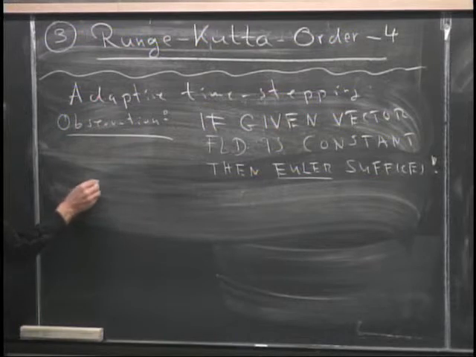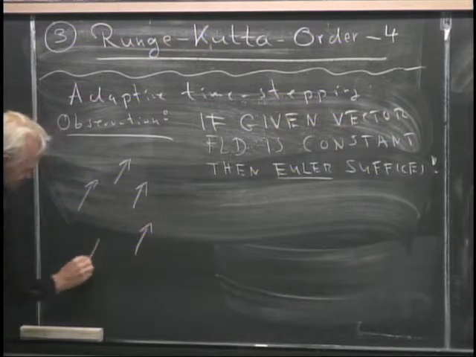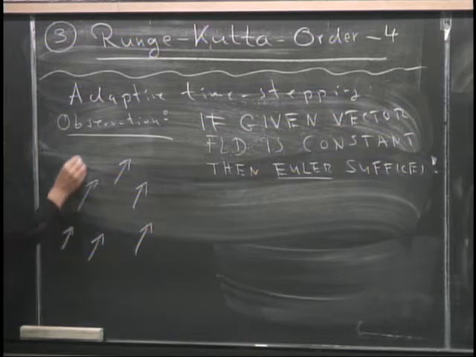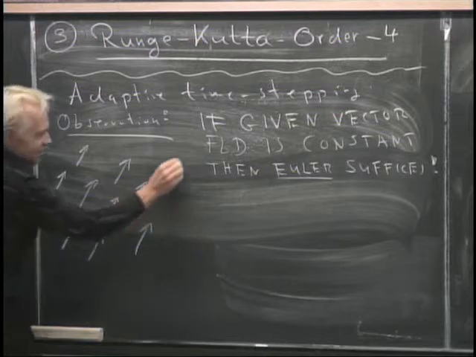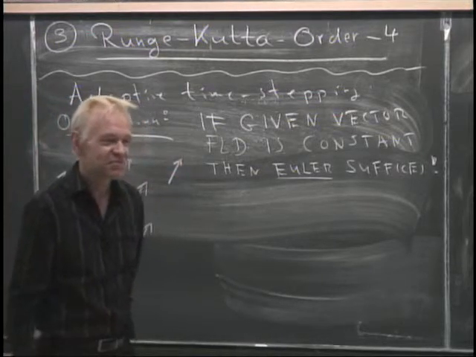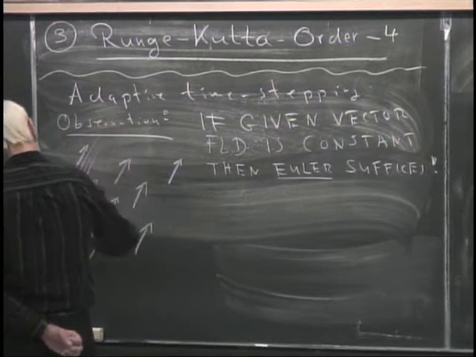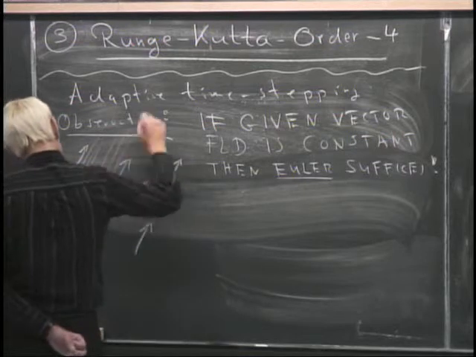What is a constant vector field? A constant vector field is a field where all the vectors are pointing in the same direction. This is a vector field where this arrow is always 1, 1, regardless of where I am. That means that all the streamlines that I can possibly draw for this vector field look like this. This is the entire set of streamlines.